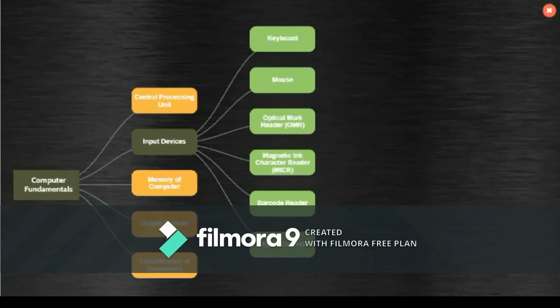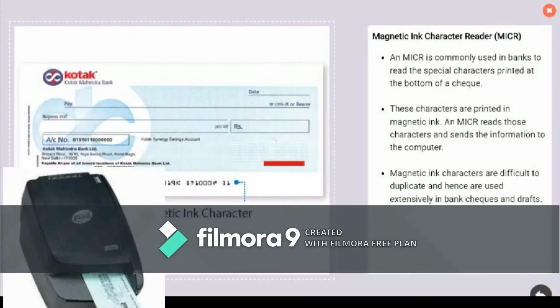Now the second device is magnetic ink character reader. So this magnetic ink character reader, mainly this is used to read the contents in a check.